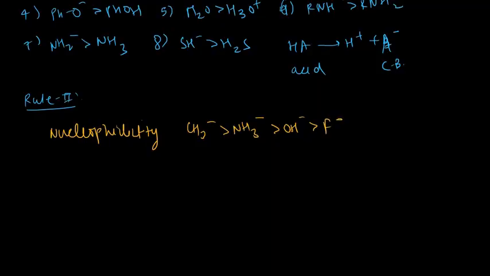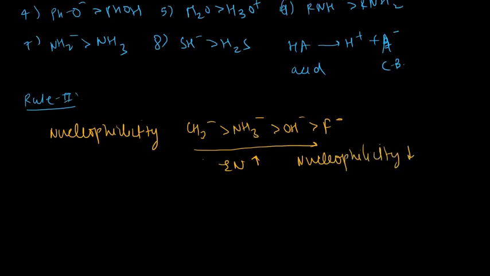As electronegativity increases going from left to right, nucleophilicity decreases. As electronegativity increases, fluorine has a greater tendency to hold the electron and a lesser tendency to donate the electron to form a dative bond or coordinate bond. CH3 has less tendency to hold the electron and greater tendency to donate it.